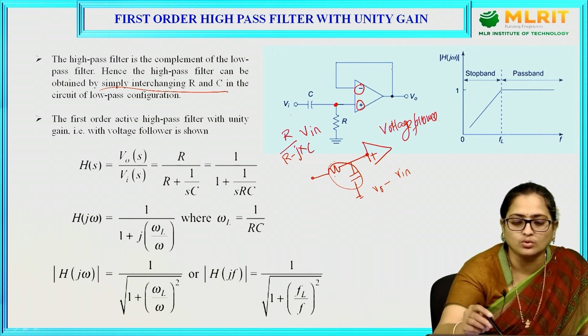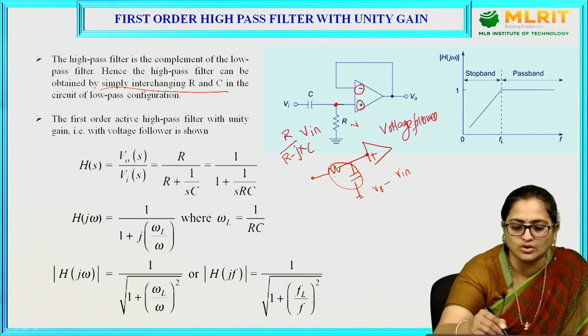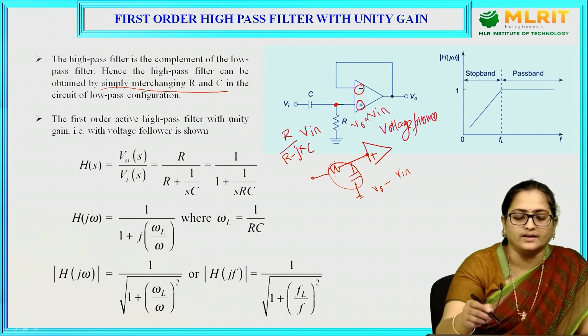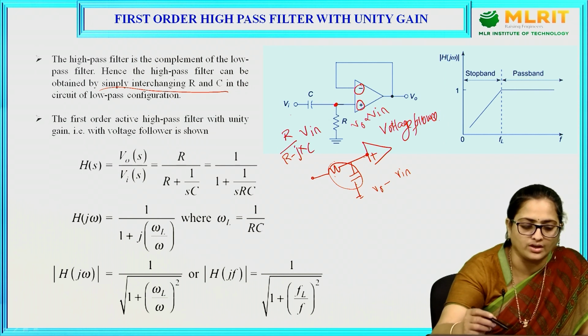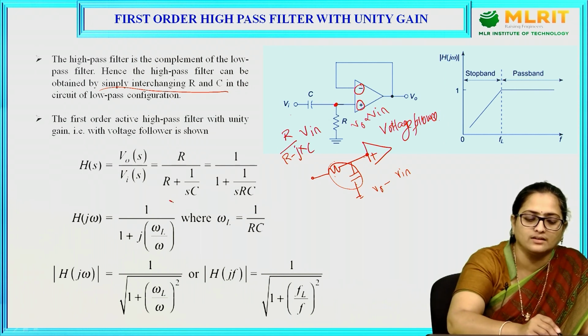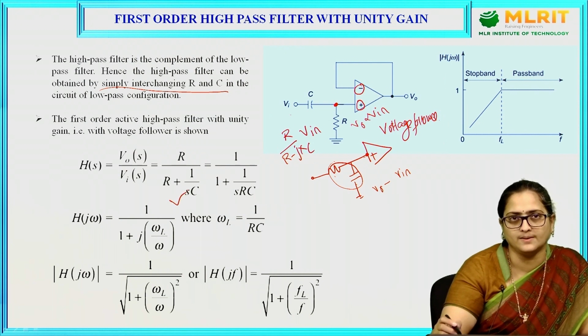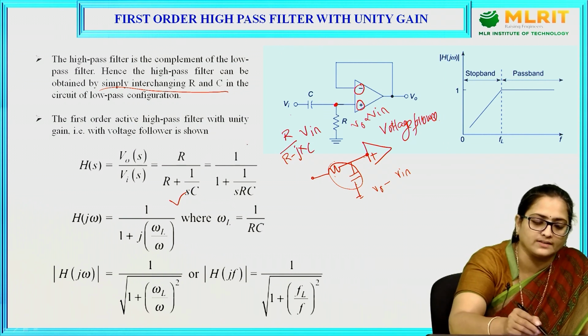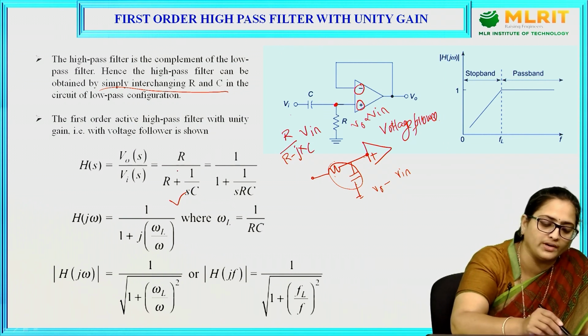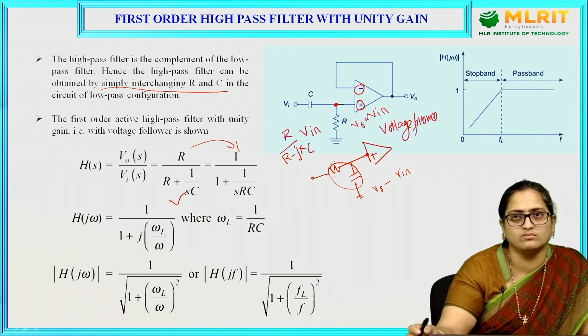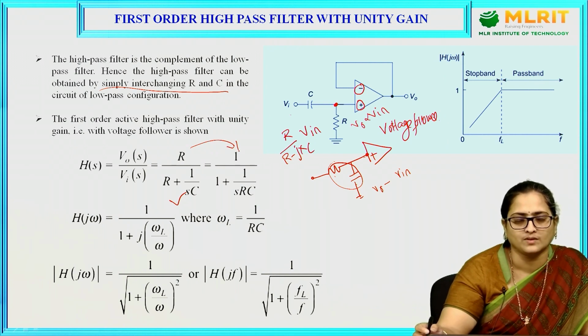As you have not connected any resistors over the feedback network, the output voltage is given as V0 is proportional to Vin, and you can write V0 by Vin as R by R plus 1 by SC. If you take R common in the denominator and numerator, you can write it as 1 by 1 plus 1 by SRC.